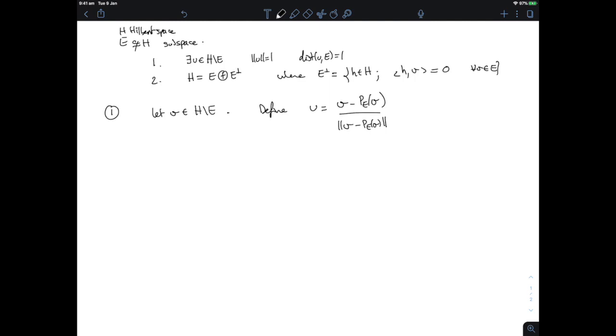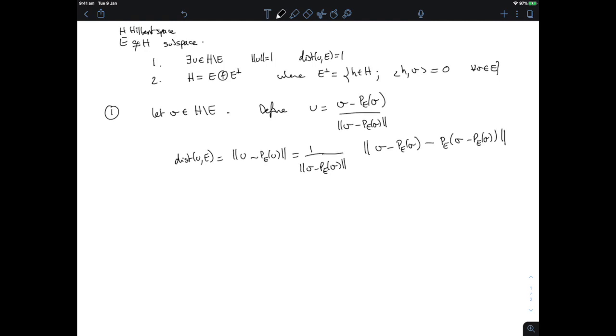I've normalized it exactly to do that. And if I look at the distance between U and E, well, it is the length of the vector U minus its projection onto E. And then I'm going to use the fact that PE is a linear map and replace U by its value. So I can factor out the 1 divided by the length of V minus PEV, and then this is multiplied by V minus PEV minus PE of V minus PEV.